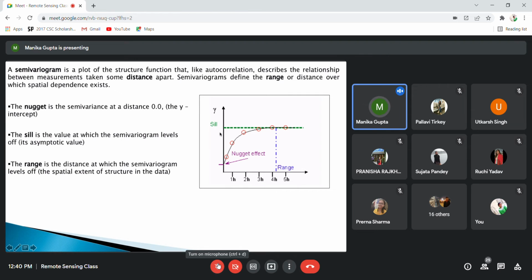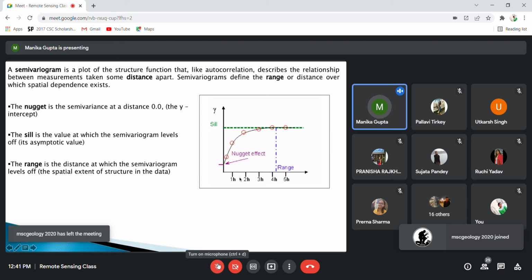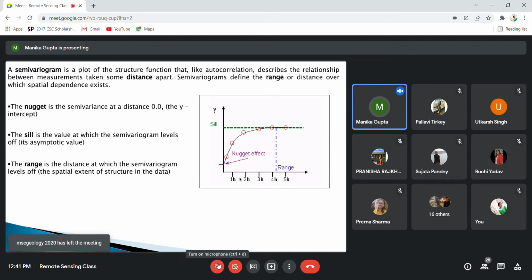What we have are three things in this: sill, nugget effect, and the range. What we are saying is this autocorrelation reduces or doesn't have an effect after some time. It levels off. That means it is leveling off here and there is no autocorrelation after that.